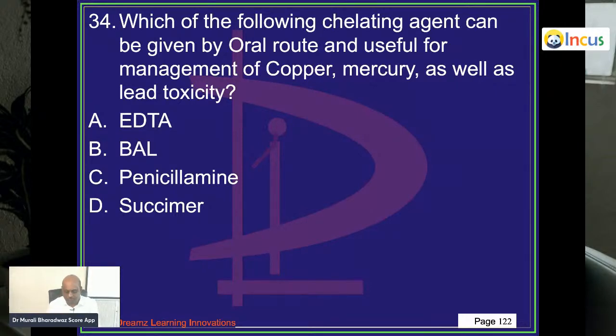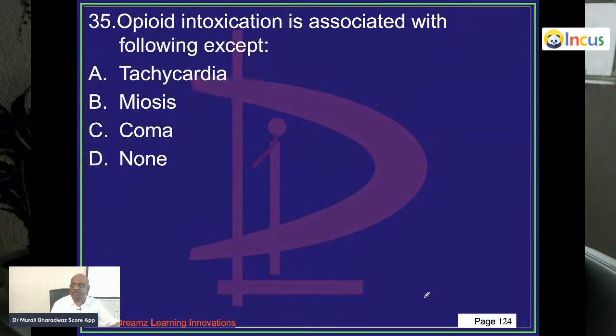Satya, Shilpa, very good. So doctor, it is penicillamine, common not only for copper, even mercury and lead toxicity you can use. In opioid intoxication, you get miosis, pinpoint pupils.